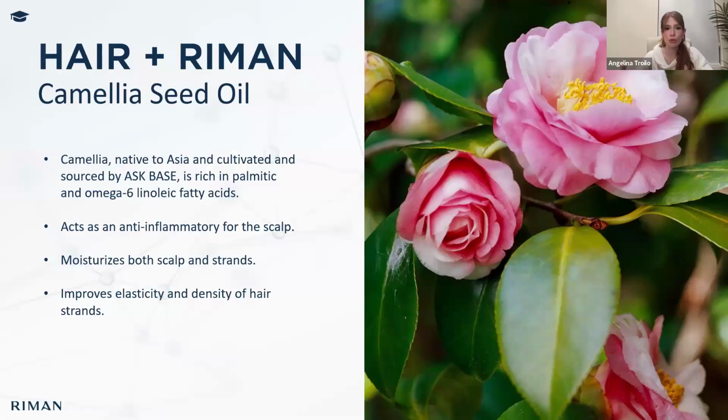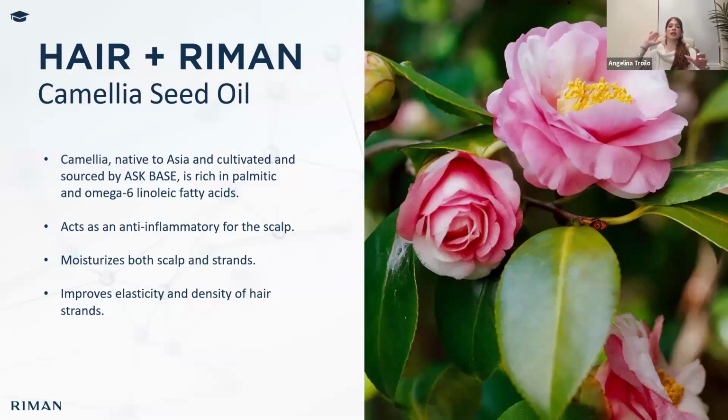These fatty acids are crucial for the moisturization of that dead part of hair, or excuse me, of the hair shaft, but it's also crucial in the moisturization of your scalp as well. It also further has anti-inflammatory benefits and can even improve the elasticity and density of the hair strands.